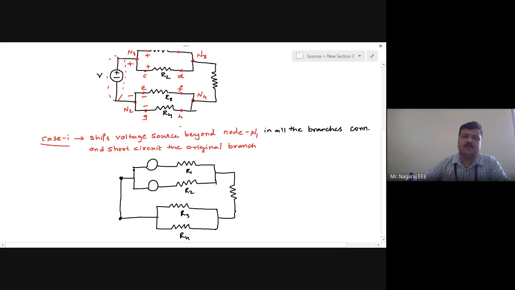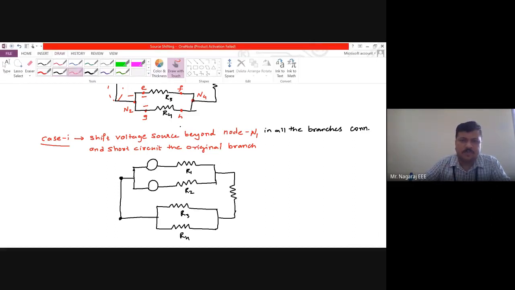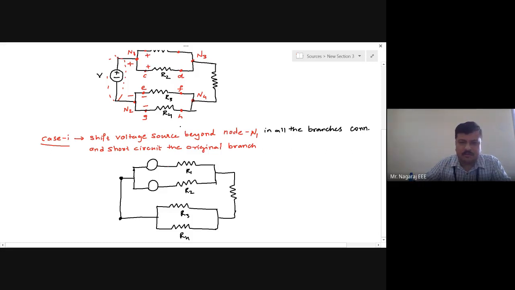Okay. So now the original polarity of R1, this is A, which is positive. This is C, which is positive. This is E, which is negative. This is G, which is negative.